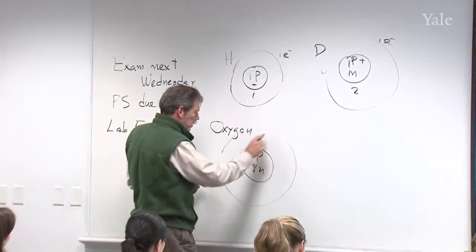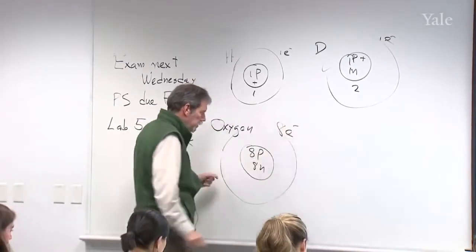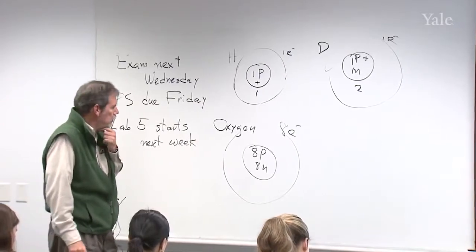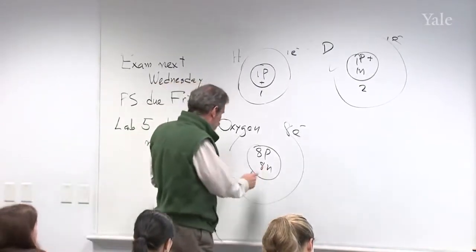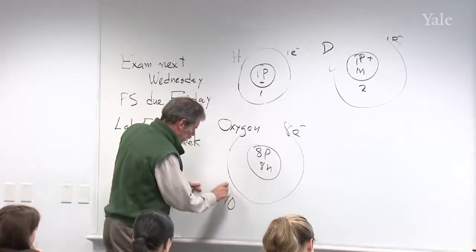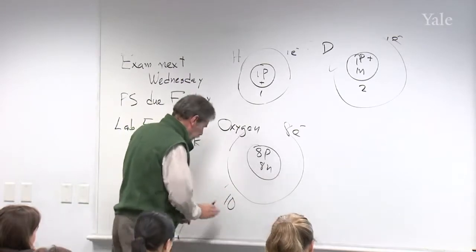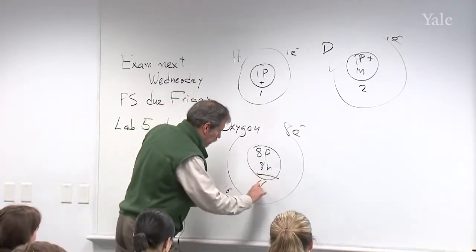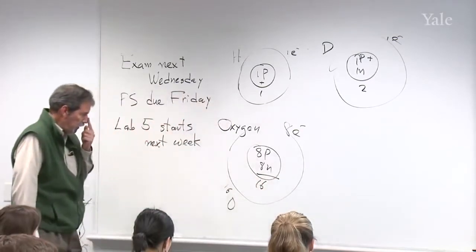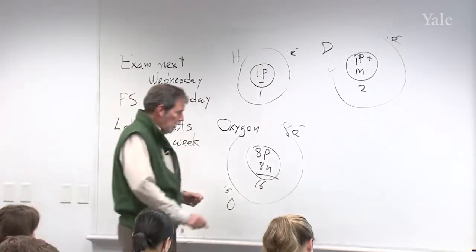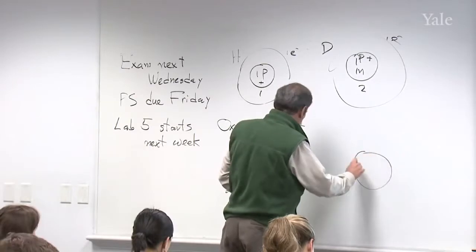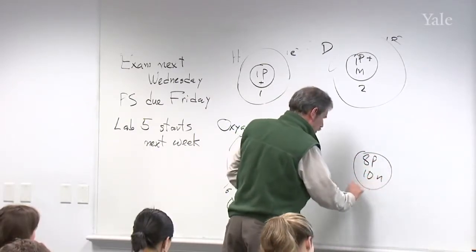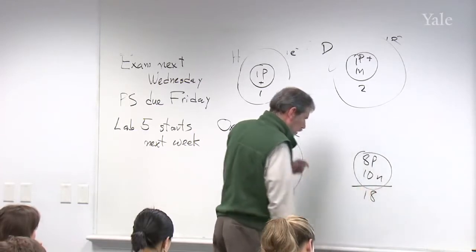It'll have 8 electrons going around it, and that'll determine its chemical properties. And this would be called oxygen 16, because that mass adds up to 16 atomic mass units. The other one we're interested in has 8 protons and 10 neutrons, adding up to a mass of 18.